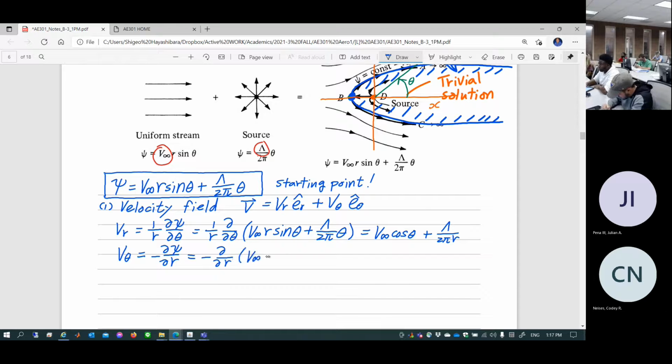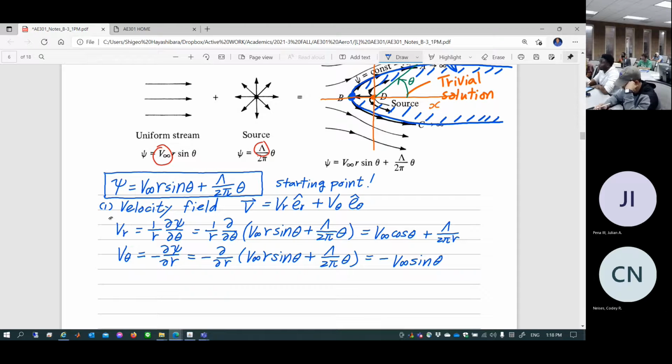So this is V infinity r sine theta plus lambda over 2 pi theta. Okay. So if you do such an integral, what happens? This is minus V infinity sine theta, isn't it? The other one is 0 because this is a pure function of theta. Okay. So this is it.